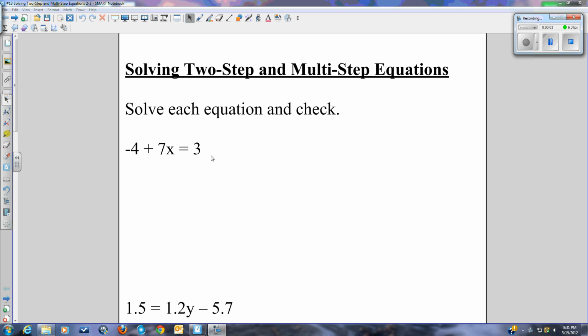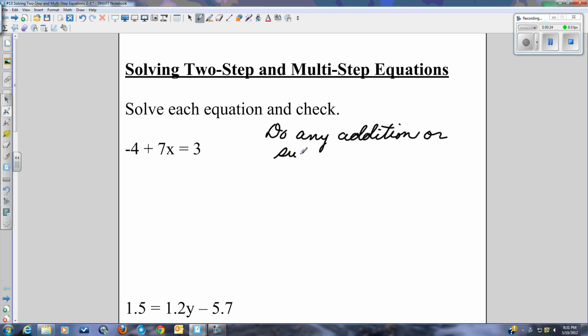Today we're going to talk about solving two-step and multi-step equations. One of the things that you need to keep in mind whenever you're solving an equation is do any addition or subtraction first.